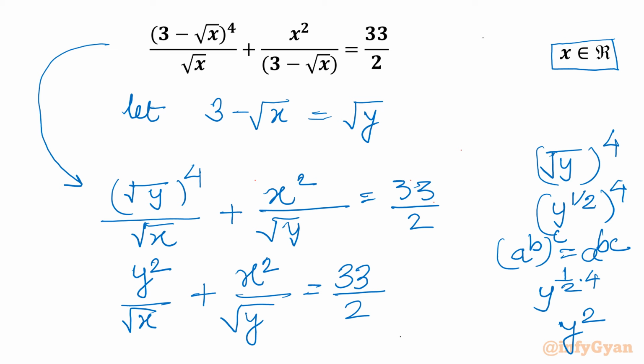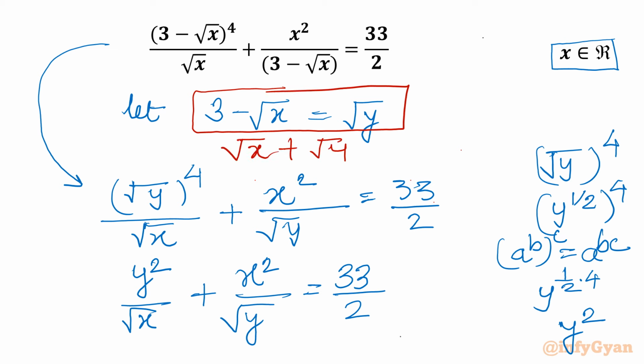And from the first equation, our substitution, I can write root x plus root y equal to 3. So let me call this equation number 1 and this our equation number 2.